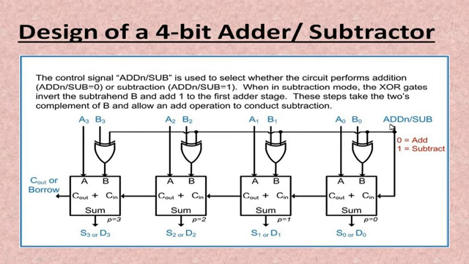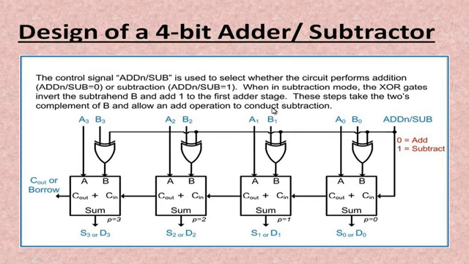Okay. And this is a terminal. The control signal add/subtract is used to select whether the circuit performs addition or subtraction. Means when this terminal is equal to 0, this circuit will perform simple 4-bit binary addition, and when this terminal is high or at 1, this circuit will perform 2's complement binary subtraction. In subtraction mode the XOR gates invert the subtrahend B and add 1 to the first adder stage.